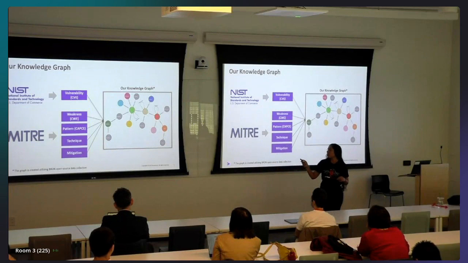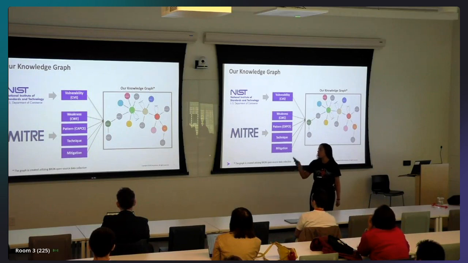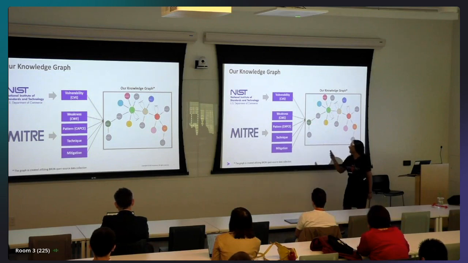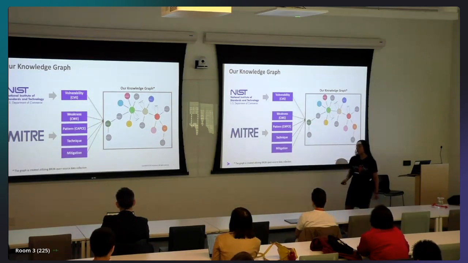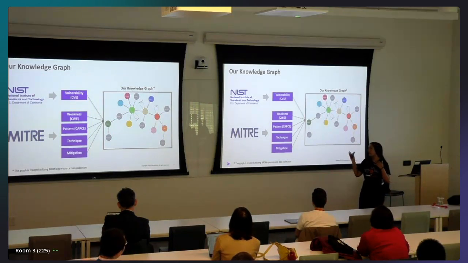And some of the vulnerabilities are related to weaknesses, which we can extract from MITRE. MITRE also contains the attack patterns, the attack techniques, and the mitigations. Each one of those classes contains a textual description and may contain relations to other classes.